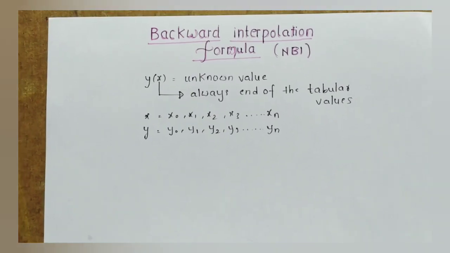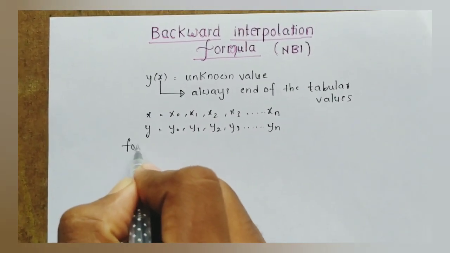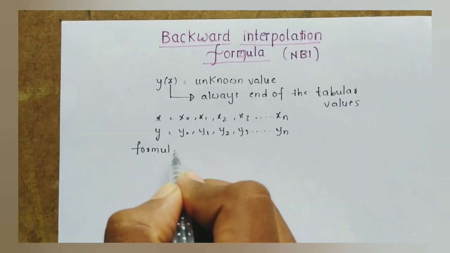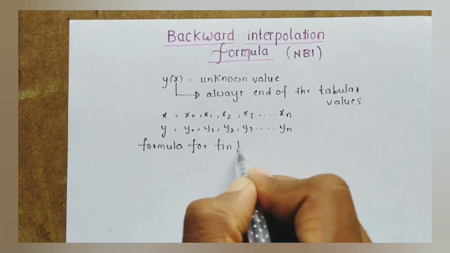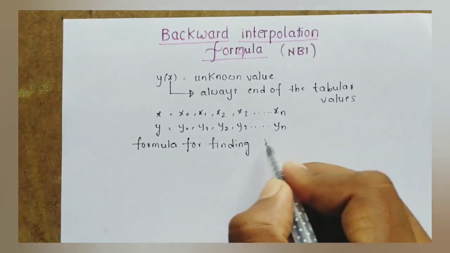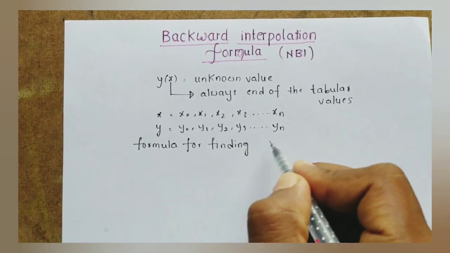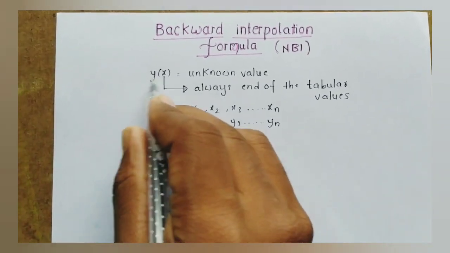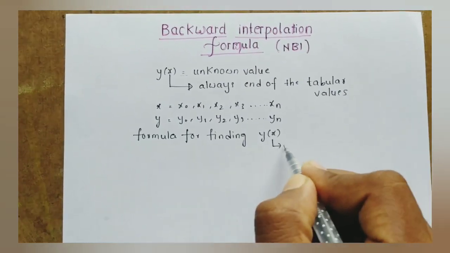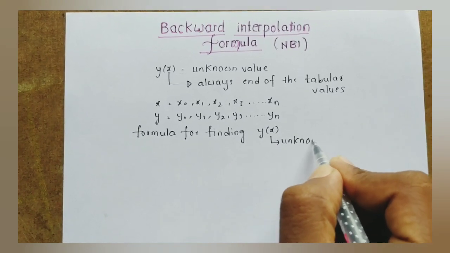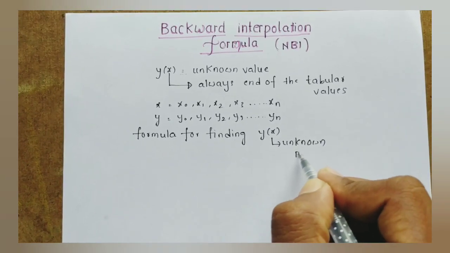Here we know the formula for finding the approximate polynomial, that is, the formula for finding y of x. This is the unknown polynomial.